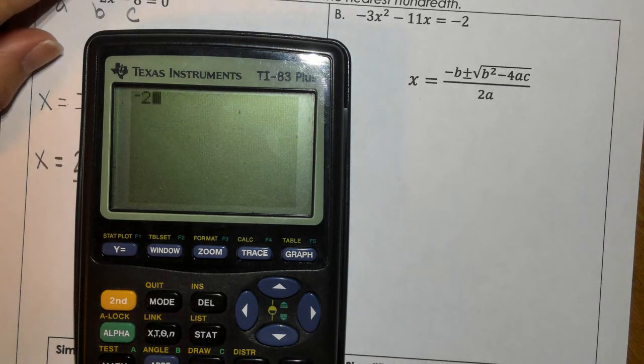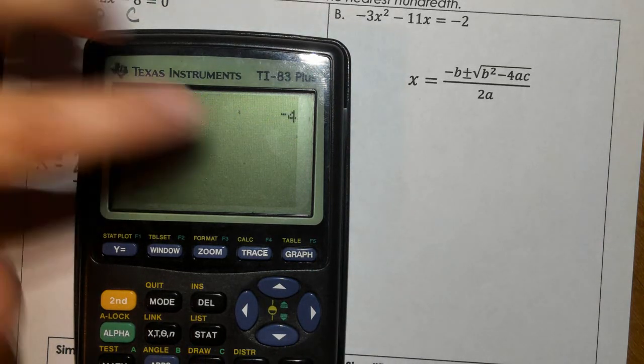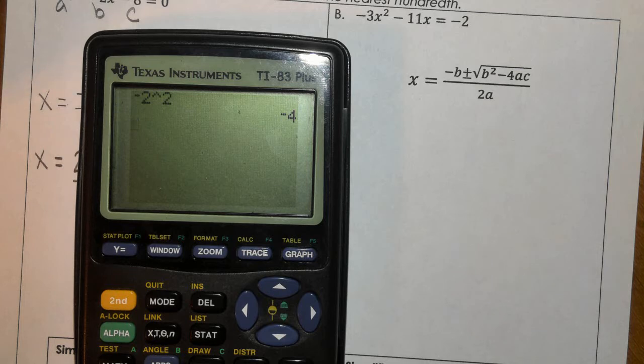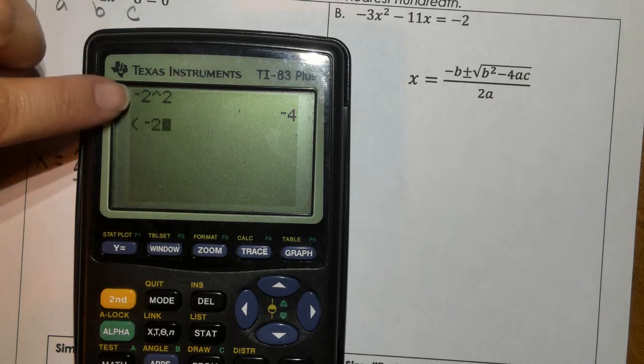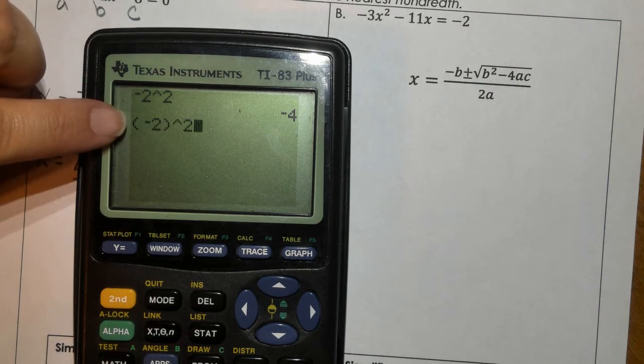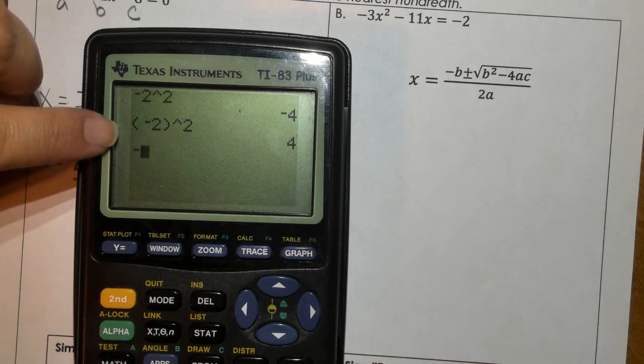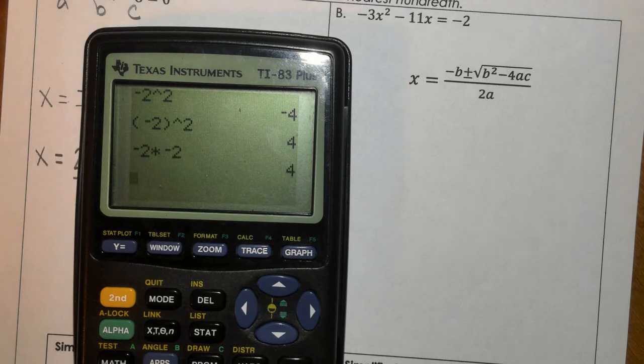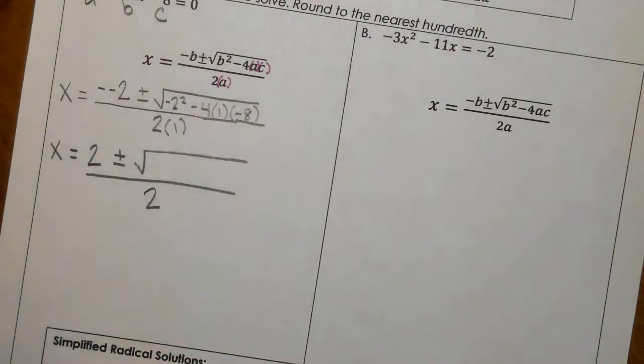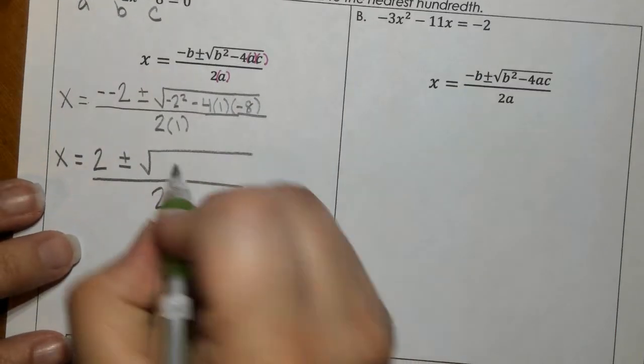If you do negative 2 to the second power, or squared, and you get negative 4, that's wrong. You have to have the negative 2 in parentheses like that to get the right answer, because you're really saying negative 2 times negative 2, which is positive 4. Okay, so negative 2 squared is a positive 4.